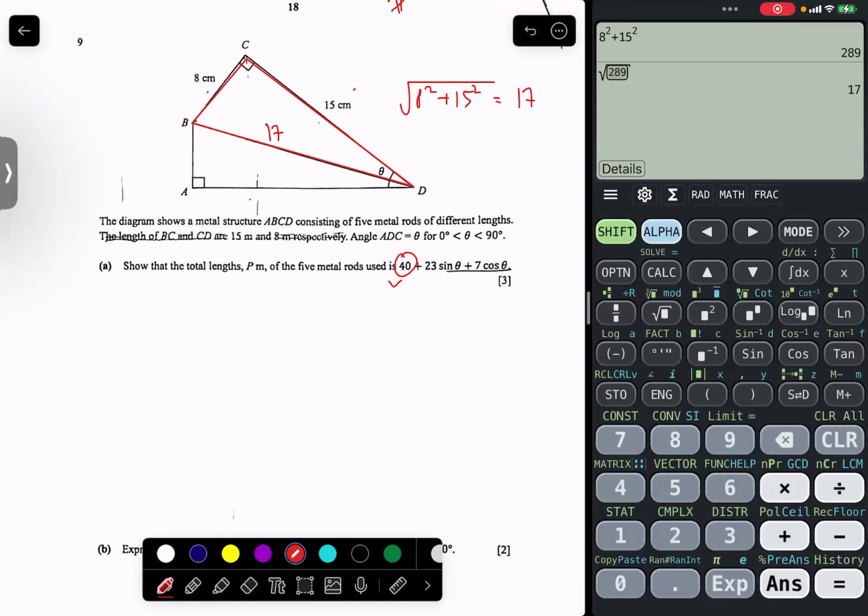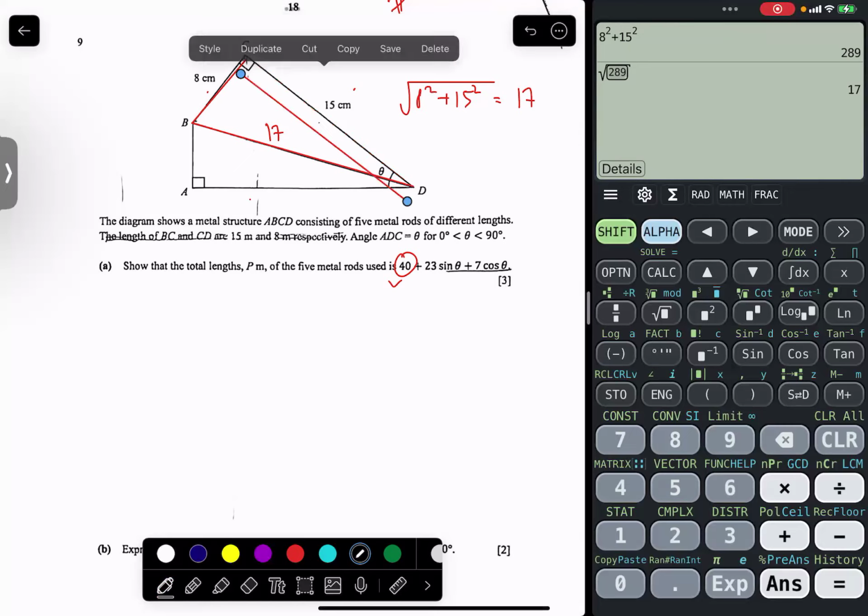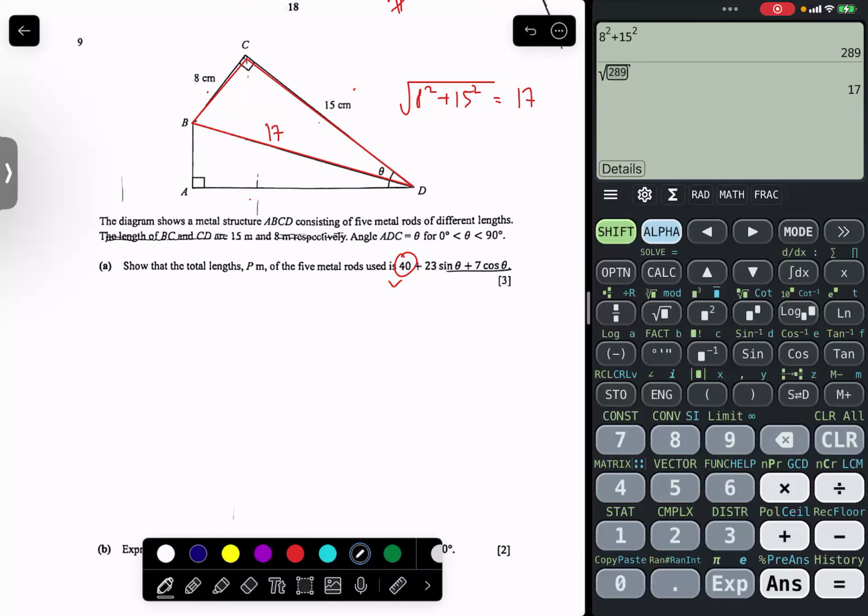Now this is a little bit tricky. What is theta? Theta is angle ADC, this whole thing.